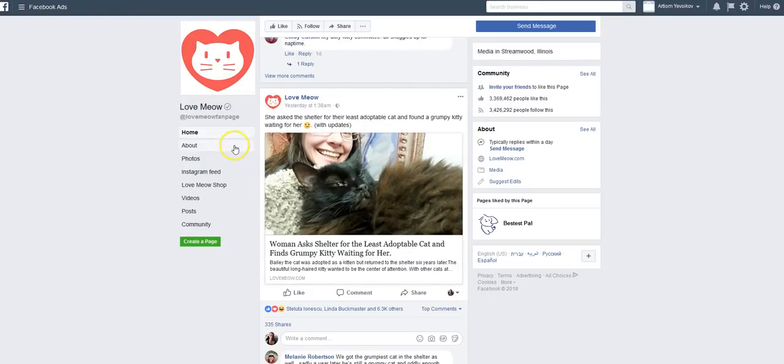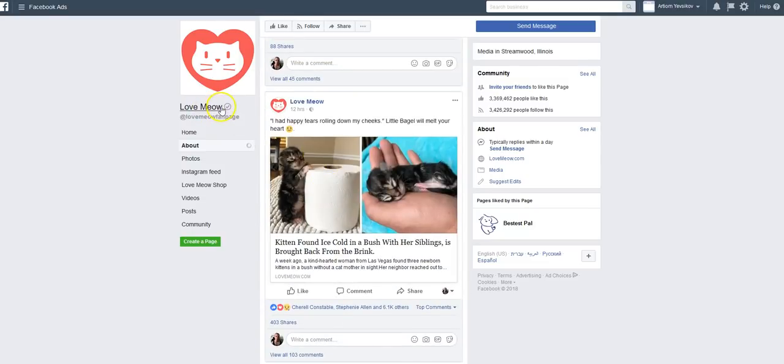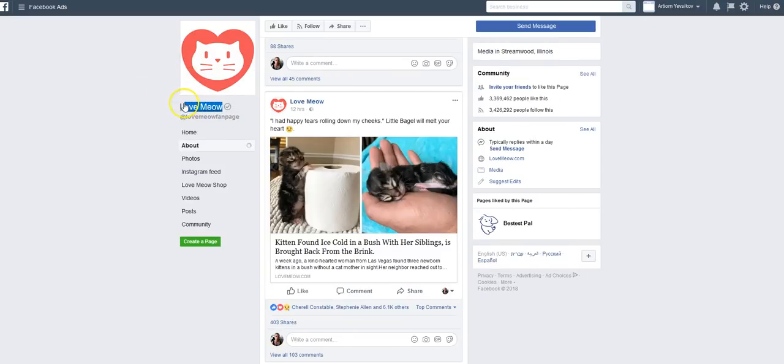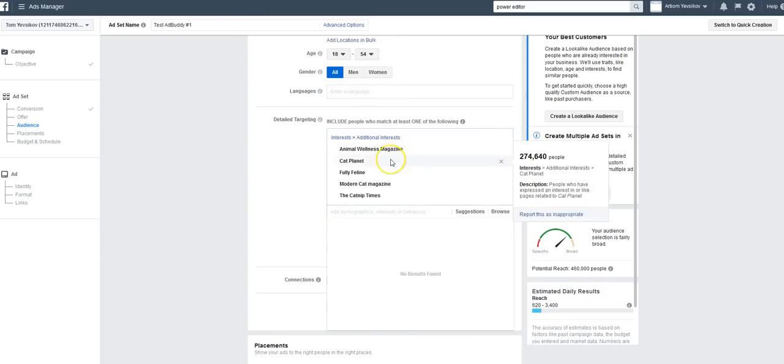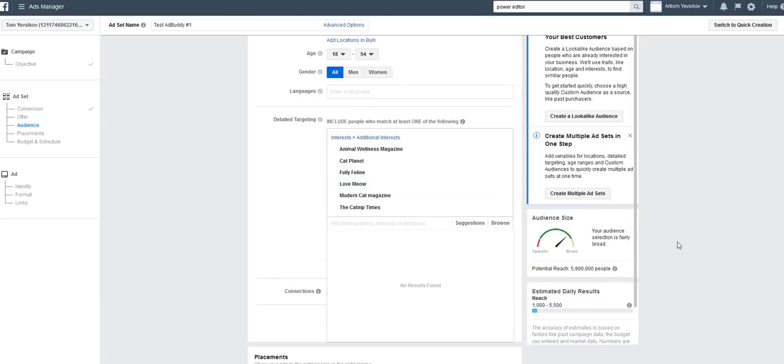I like the amount of engagement. But it's a community. I would definitely put it, because it does feel super relevant, because you see what they're posting. So it's not the most buyer-based keyword, but it is super relevant, and they have a lot of engagement. 2 million people increases to 5.6 million people.